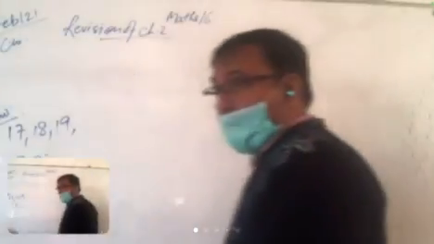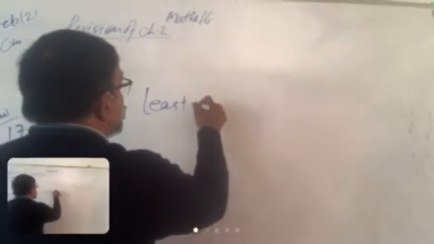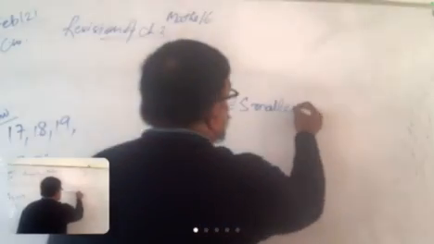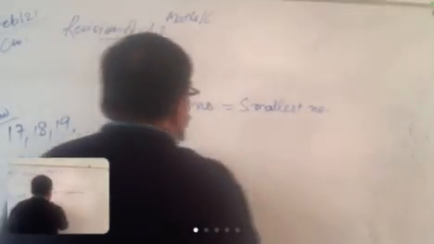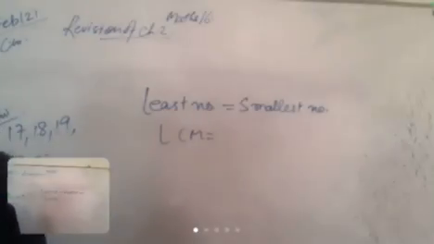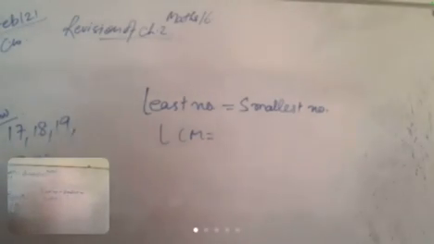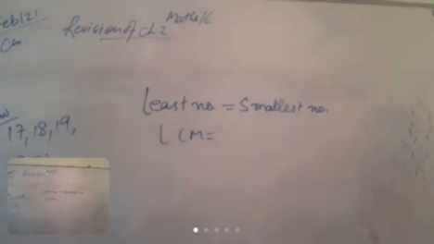And what is the full form of LCM? Least means the smallest number, and the full form of LCM is least common multiple. So, in question number 21, find the least number divisible by 15, 20, 24, 32, and 36.